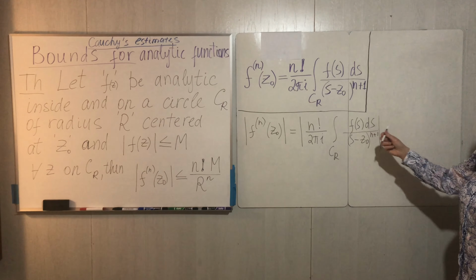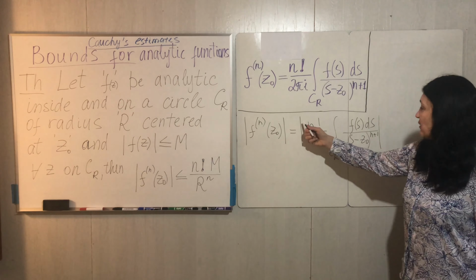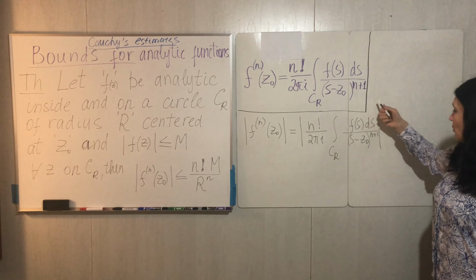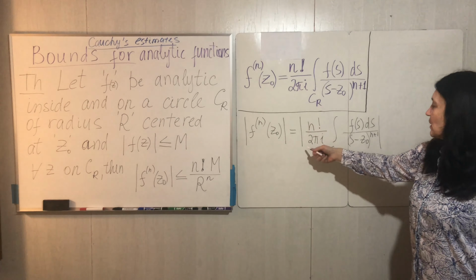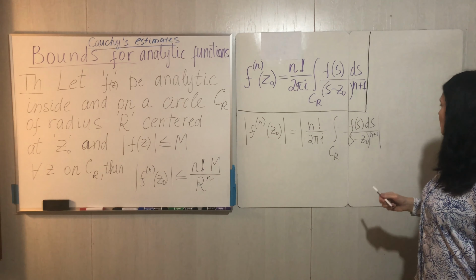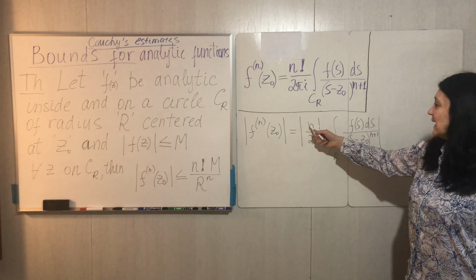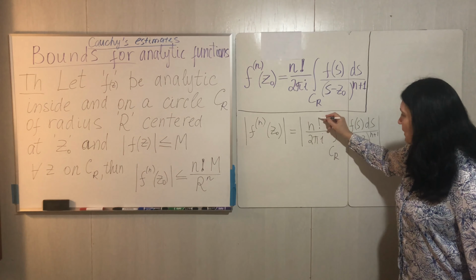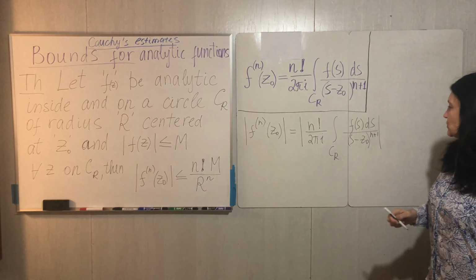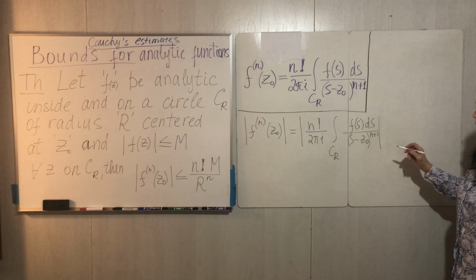Let's look at what we have. If we compute the modulus of some constant times an integral, the modulus of this constant would be just n factorial over 2 pi, because the modulus of i is 1.